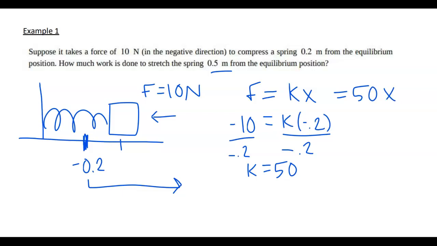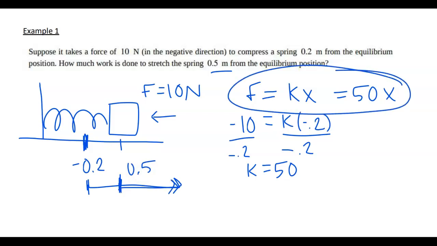So if I then want to stretch that spring, and I know I drew it from here, really it's from this point, 0.5 in the positive direction from equilibrium, then I need to be able to figure out the work done here. So that's going to be the integral from 0 to 0.5 of big F of x dx. So 50x dx.